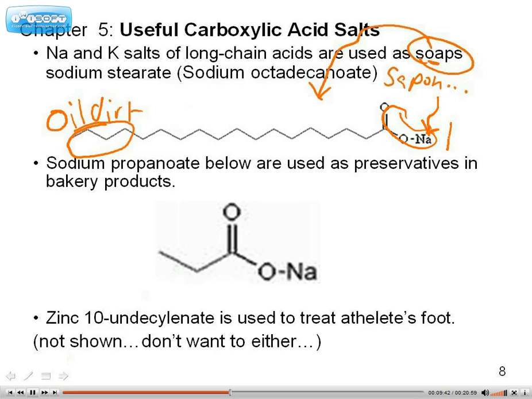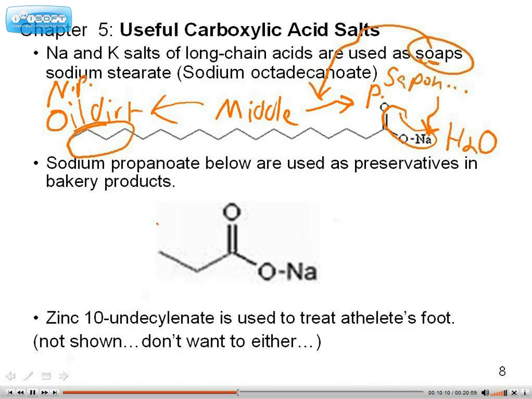Consequently, this side is going to stick with water. So you can think of soap as being the middleman, which bonds both to nonpolar oil and dirt and polar water. That's how it helps take oil and dirt off your hands as you rinse it in water.